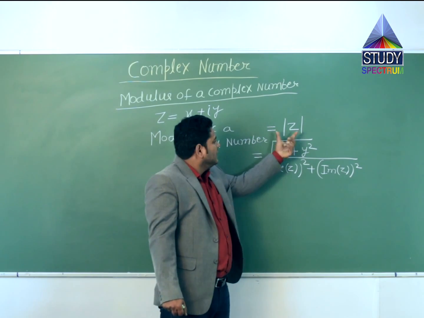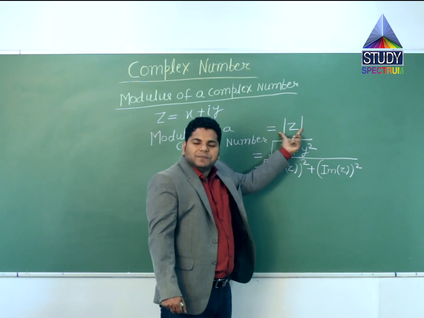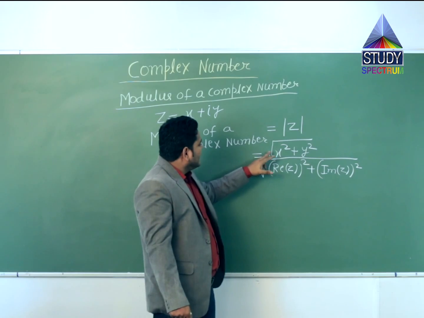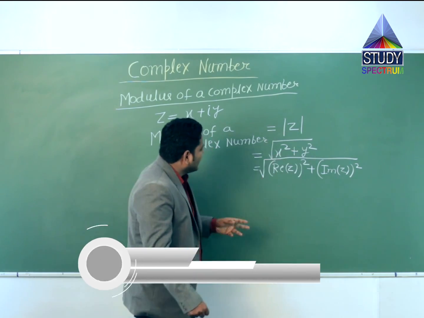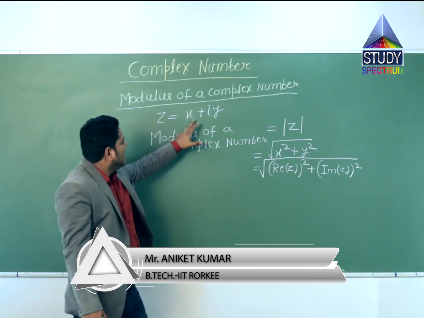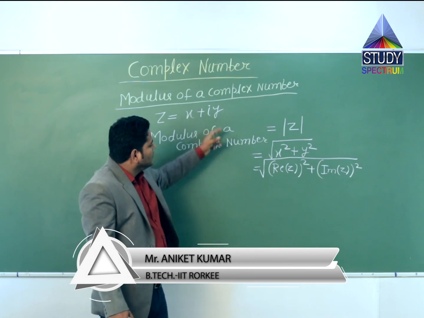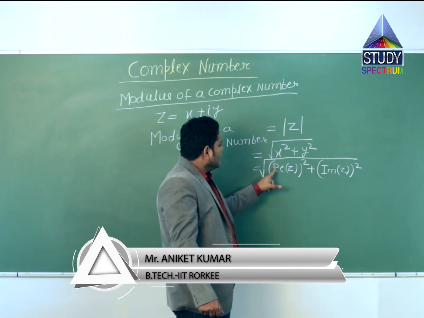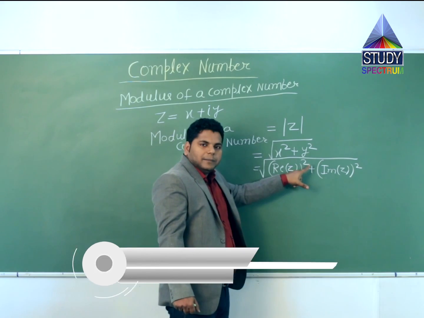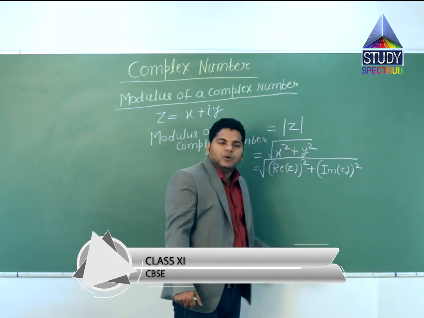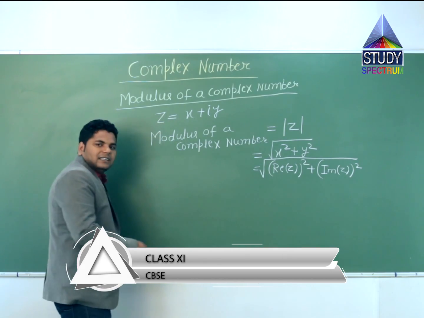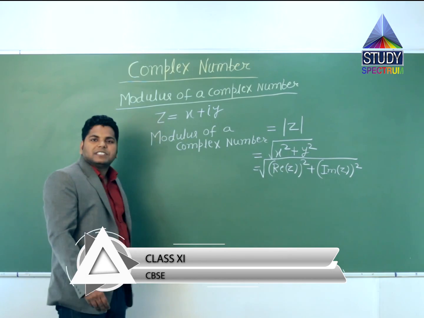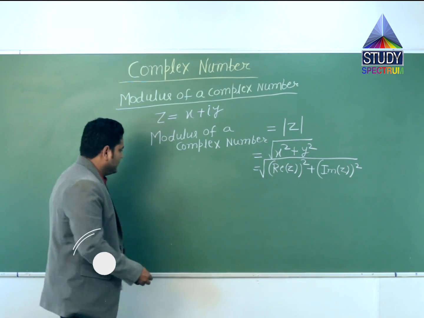We put z within two parallel lines, and it is defined as the square root of x square plus y square. We know that x is the real part of z and y is the imaginary part of z. So we can also write the square root of real part of z whole square plus imaginary part of z whole square.